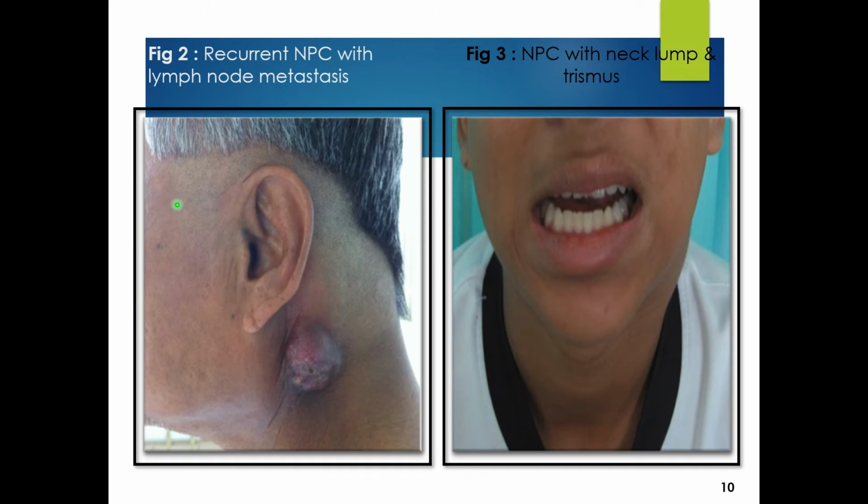Figure 2 shows recurrent NPC with lymph node metastasis, and it looks here that the lymph node has started to become fungating. If you see the next picture, patient has neck lump, and he also shows trismus, which is limited mouth opening.